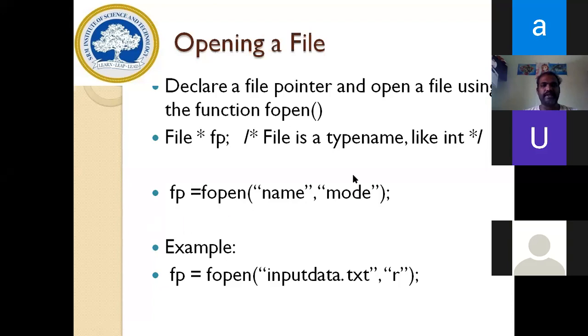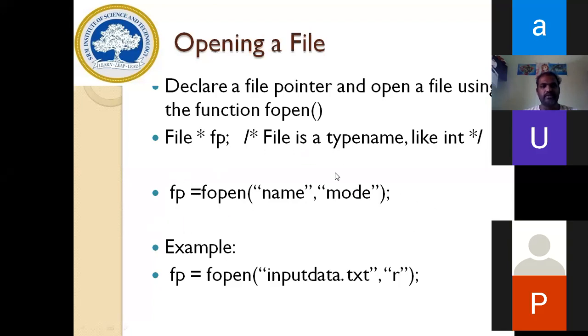So look at this statement. We already declared a file pointer. Now using the file open function, we are going to open the file, and this fopen function takes two string arguments, namely the name of the file and the file opening mode.